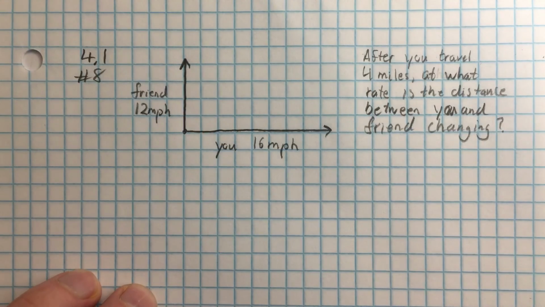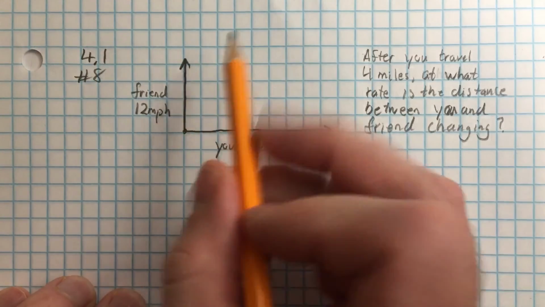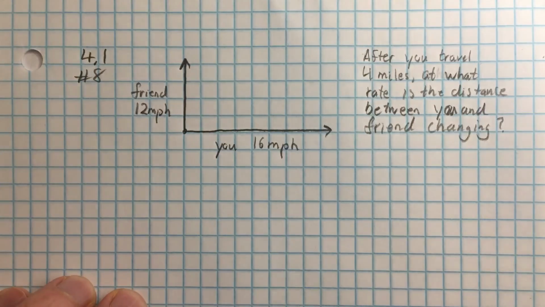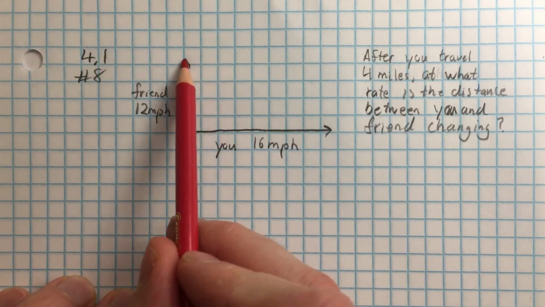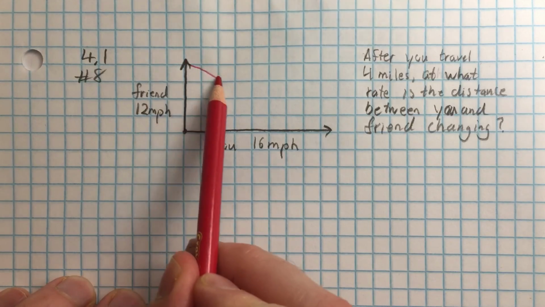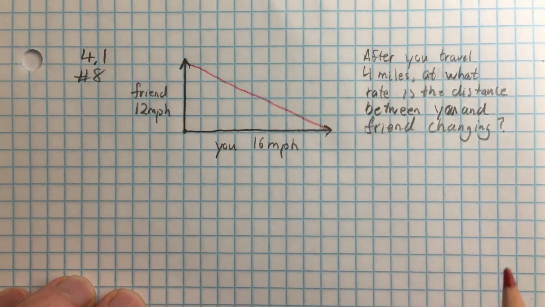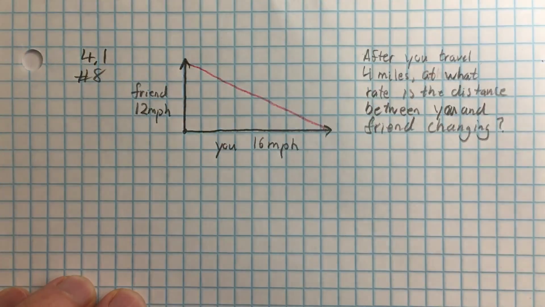All right. Well, let's see. First of all, let me draw the distance between you and friend. So it should always be something like this. All right. There's the distance between you and friend.